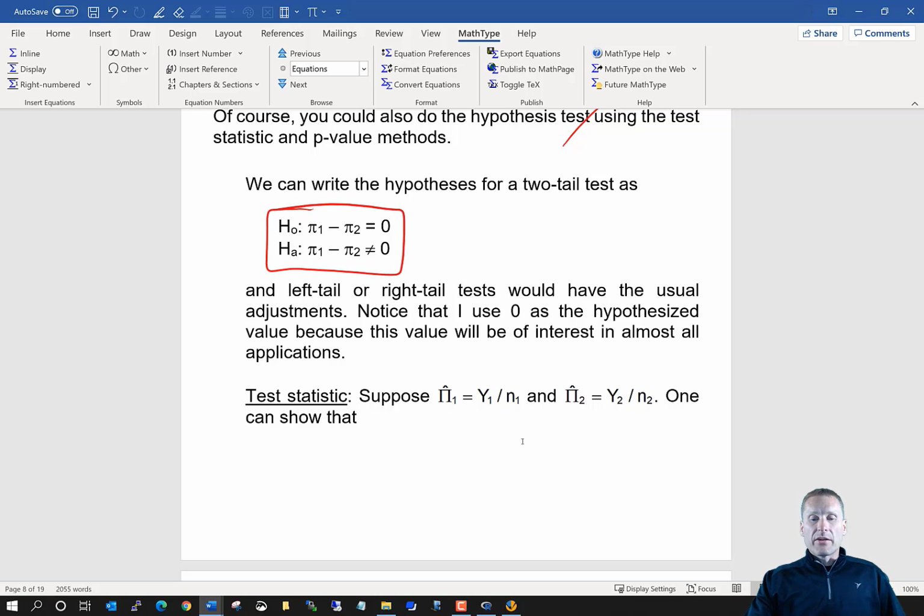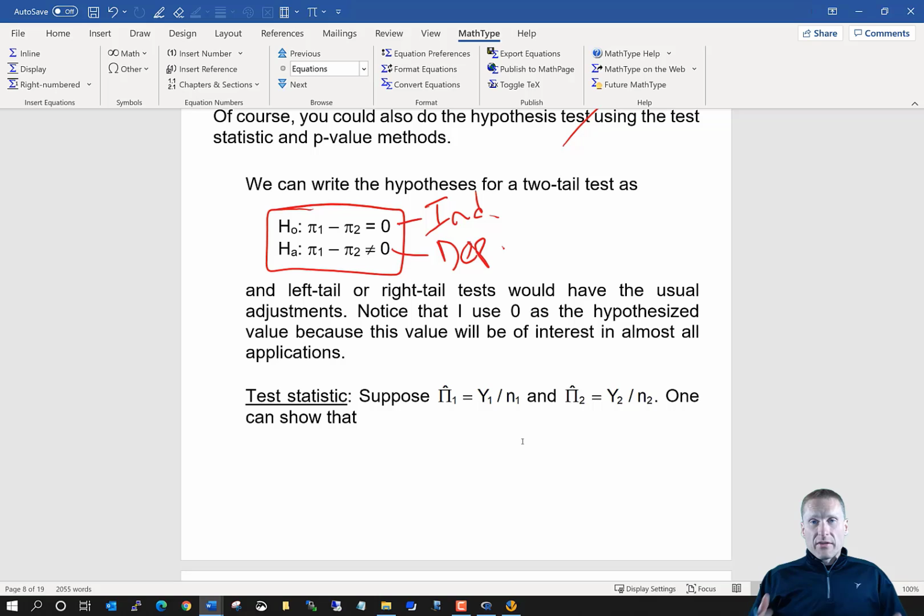Pi 1 minus pi 2 equals 0, which would be equivalent to independence, and pi 1 minus pi 2 not equal to 0 is equivalent to dependence, meaning that those two probabilities are different. In terms of the Larry Bird problem, it does matter if you make or miss that first free throw, because the probability of success is actually different on that second free throw.